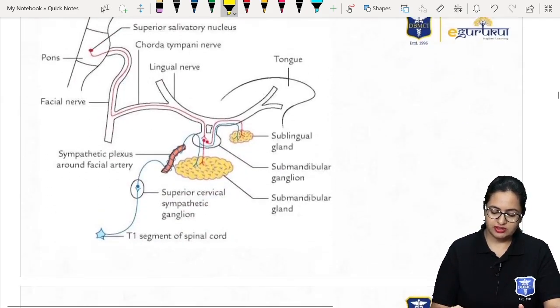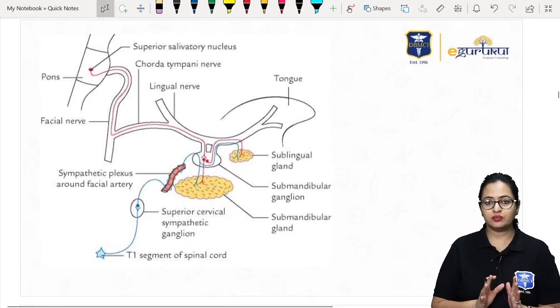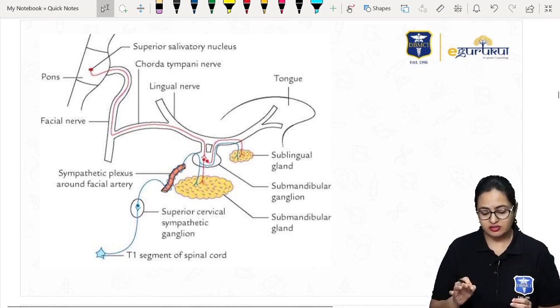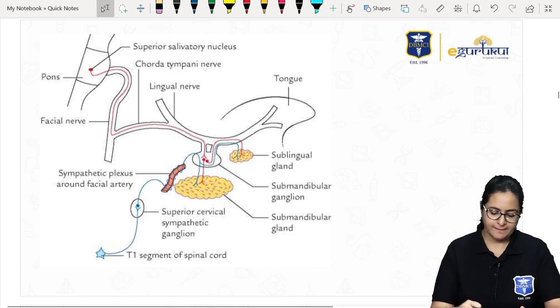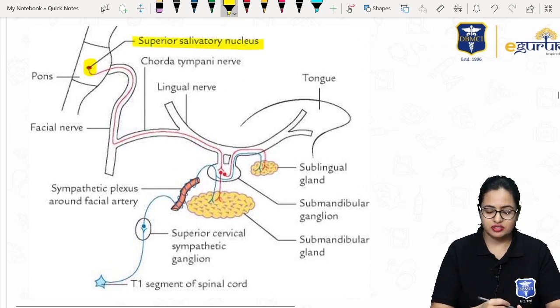If I talk about the lingual nerve, this is a pathway showing that the lingual nerve is carrying parasympathetic fibers so as to supply the submandibular gland and the sublingual gland. So let us see this pathway. Starting from this point, this is the superior salivatory nucleus.